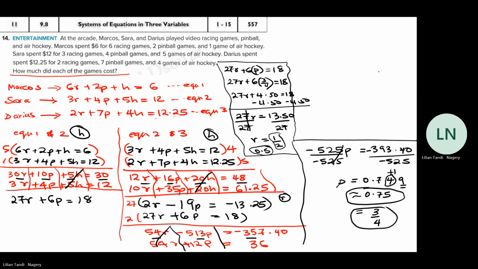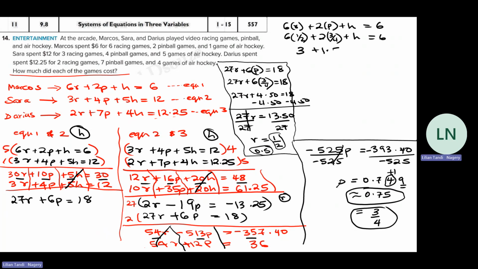Okay. Now that you know R and P, you can substitute in any of these equations. So I'm substituting in the first one to find H. Okay. So you have 6, you know R, you have 2, you know P, you don't know H, but you know they all add up to 6. So 6 times half plus 2 times 3/4 plus H is 6. This will be 3.